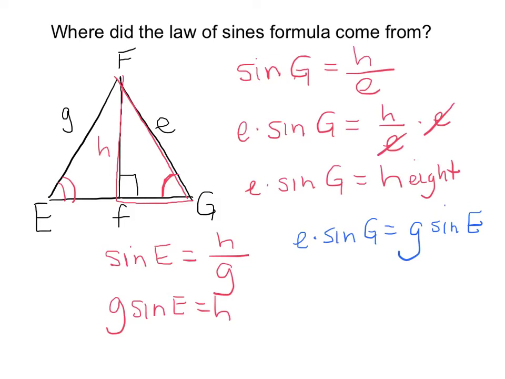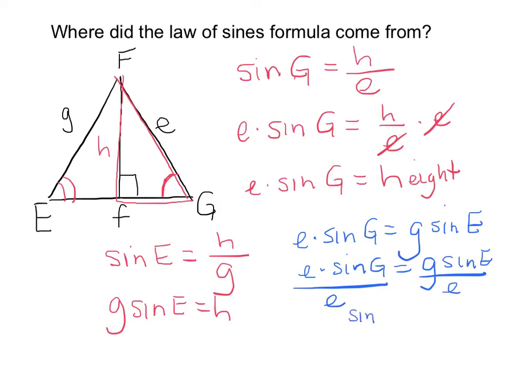Okay. So we have that formula right there. Well, we can take it one step further and say I want to get sine of G on one side by dividing both sides by E. That's going to give us sine of angle G is equal to G sine of angle E over E. Well, I can then divide by G. I meant G, excuse me.